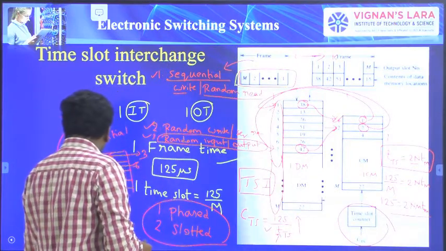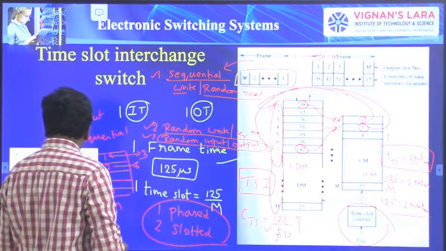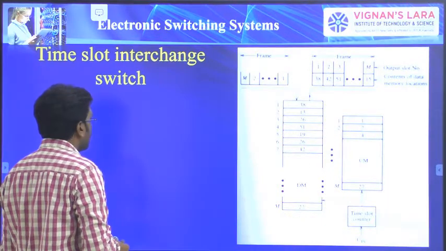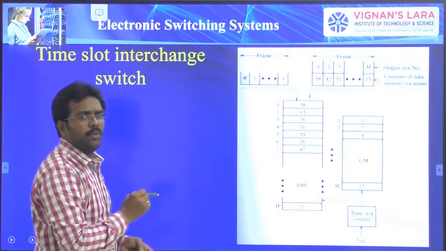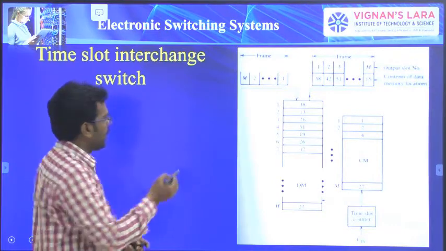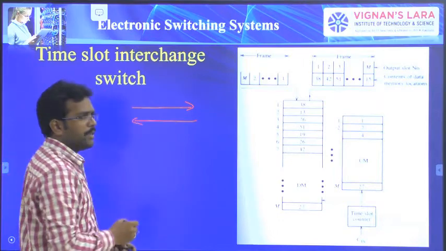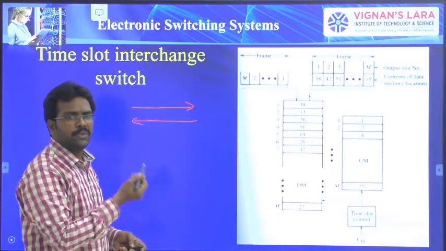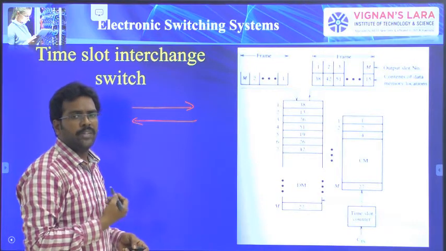And a few more points. One more thing here is, so far we have been discussing only one direction, but the data is two directional, right? The data must be transmitted in two directions. One is for transmitting incoming speech, another one is to take the outgoing speech.